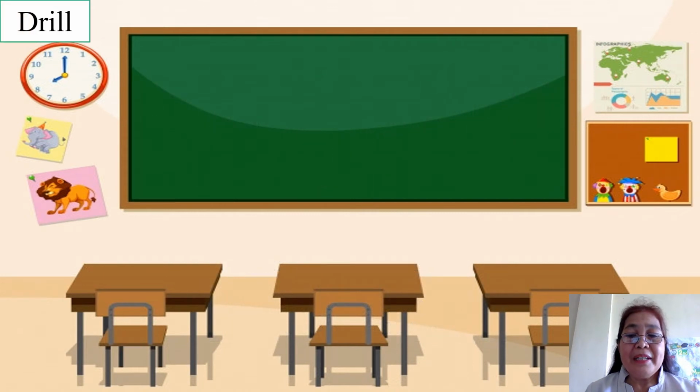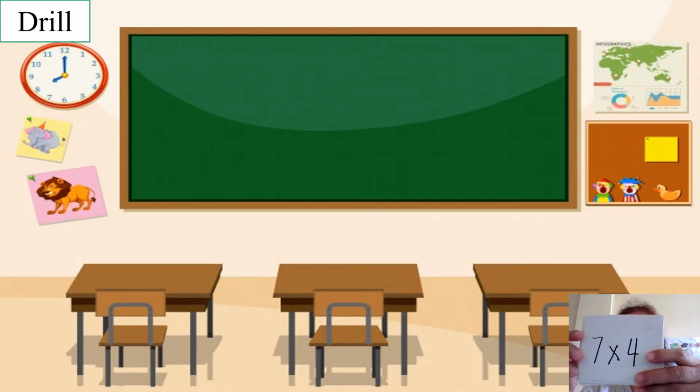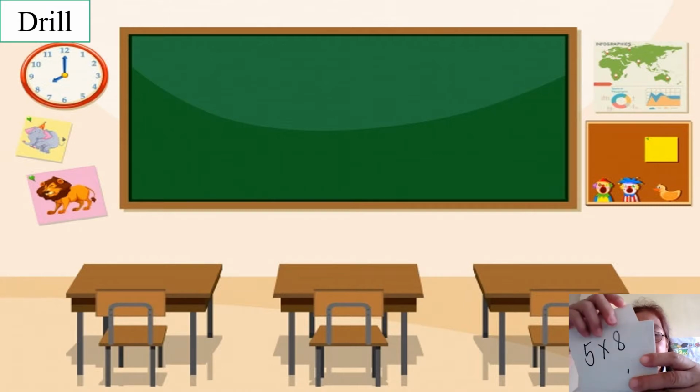Let's have first a drill. This is a flashcard and I will use this as your drill for multiplication. 7 times 4, the answer is 42. Very good. Next, 5 times 8 is 40. Very good.